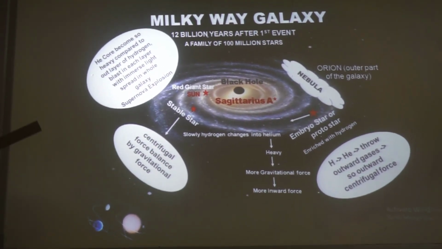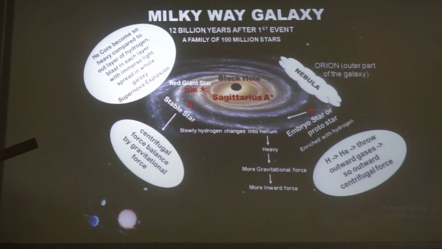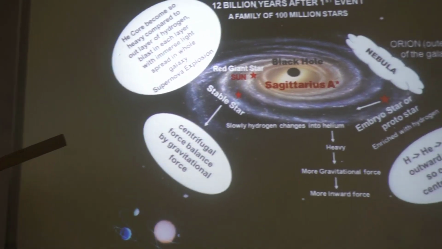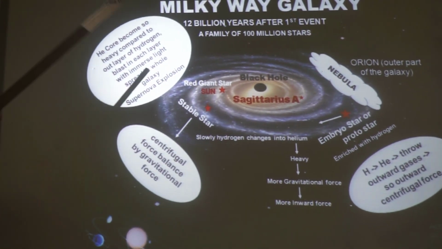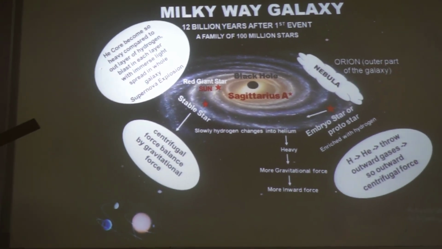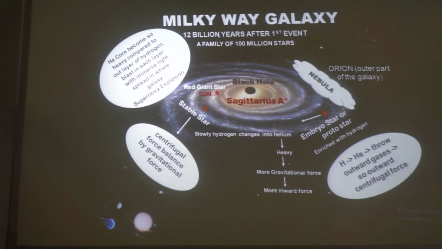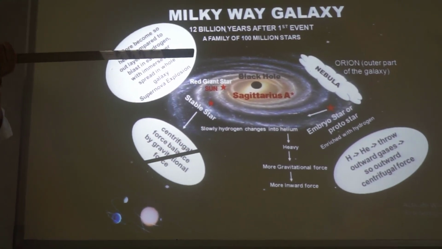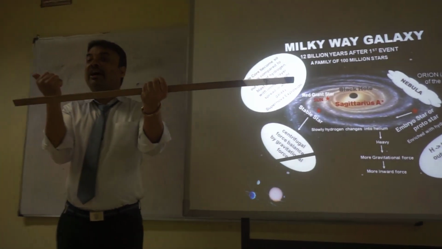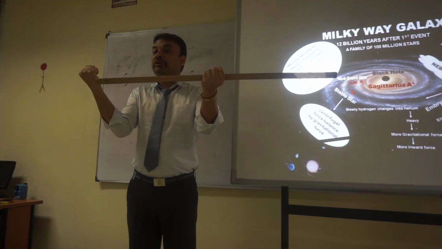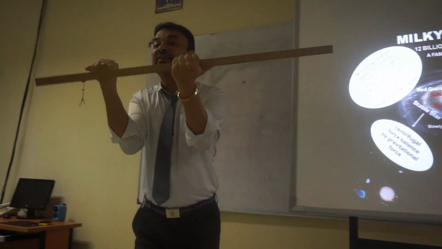If the mass is heavier, will it take longer? Definitely it will take longer, right? So now stable star means the outward centrifugal force on the hydrogen and the inward gravitational force on the helium balance each other.